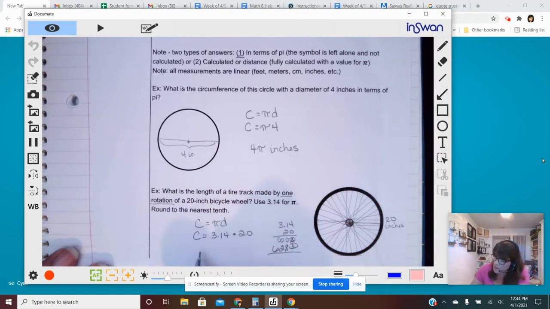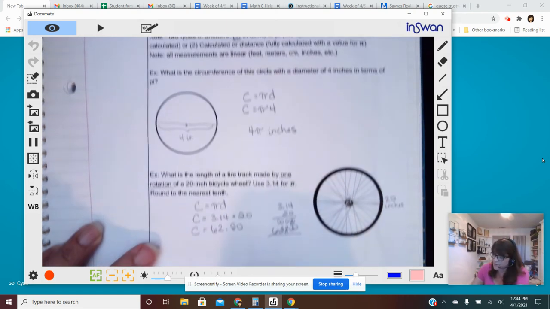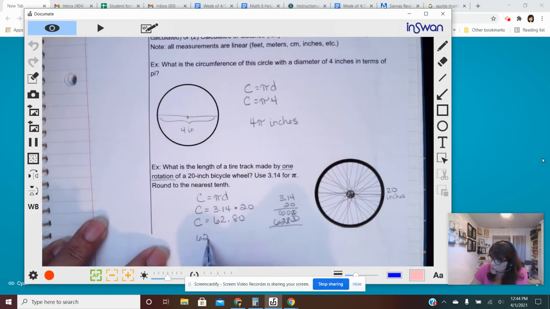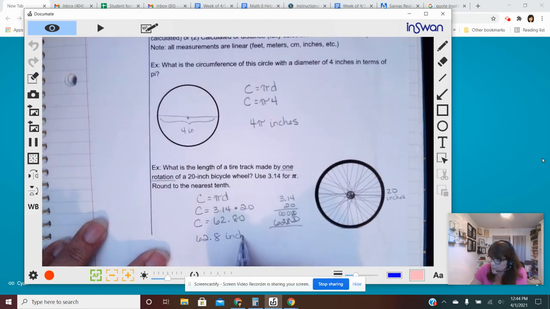Okay. So the circumference is 62.80. It asks for the nearest tenth. So 62.8 inches. Make sure to label.